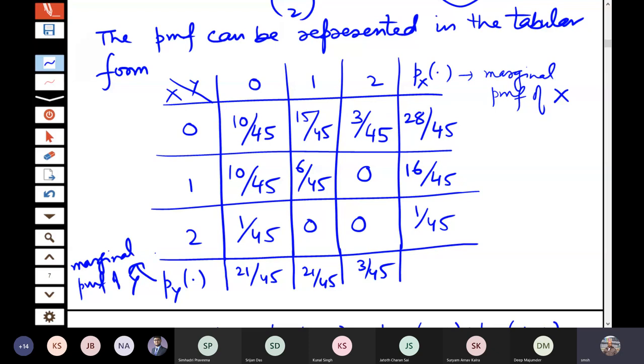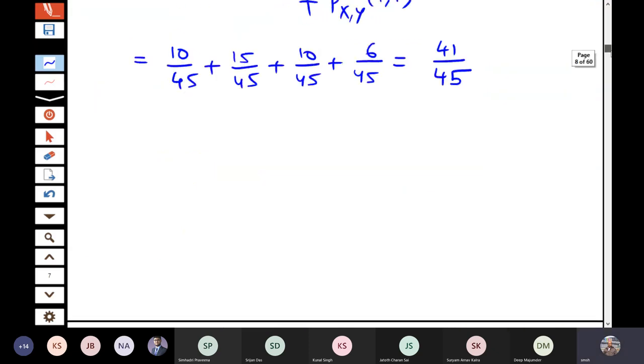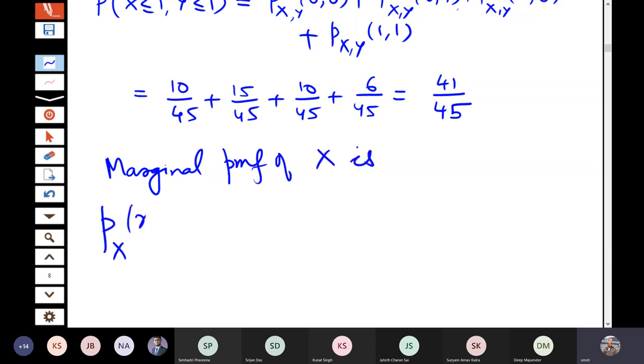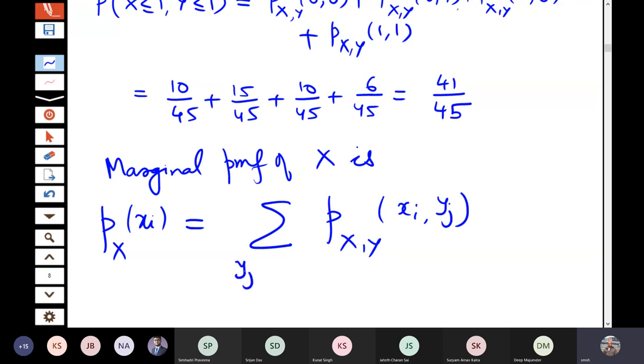So the general definition would be, the marginal PMF of x is P_X(x_i), that is obtained by considering the sum over all the values of y of the joint probability mass function.